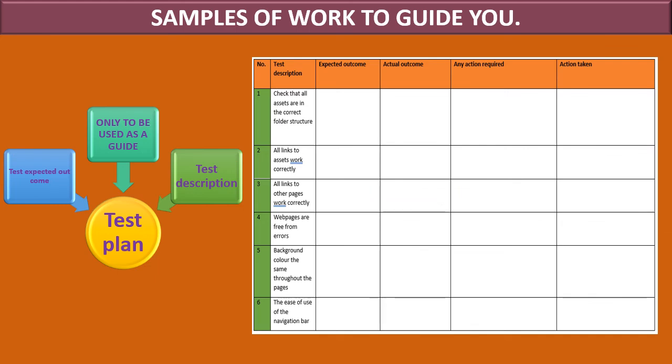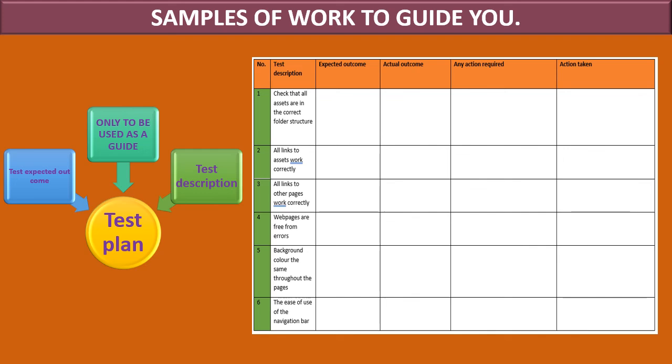The next section will be the test plan. You want to have a look at it, and for the test plan, I'm just going to go through what I expect of you. So on here, you're going to say check that all assets are in the correct folder structure.